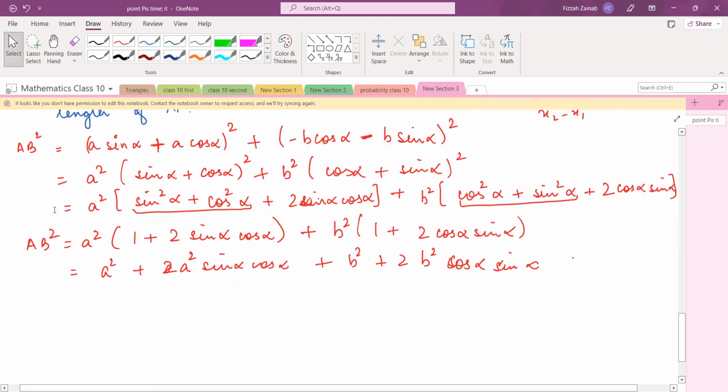So AB is actually the square root of it, right? So I was just avoiding the square root sign.